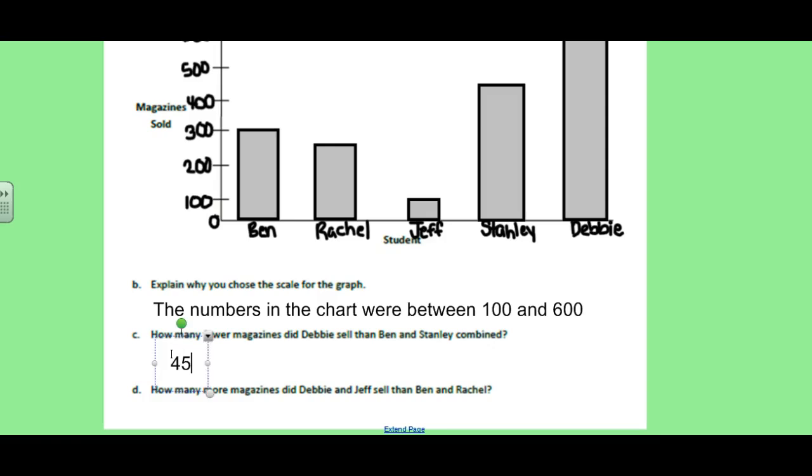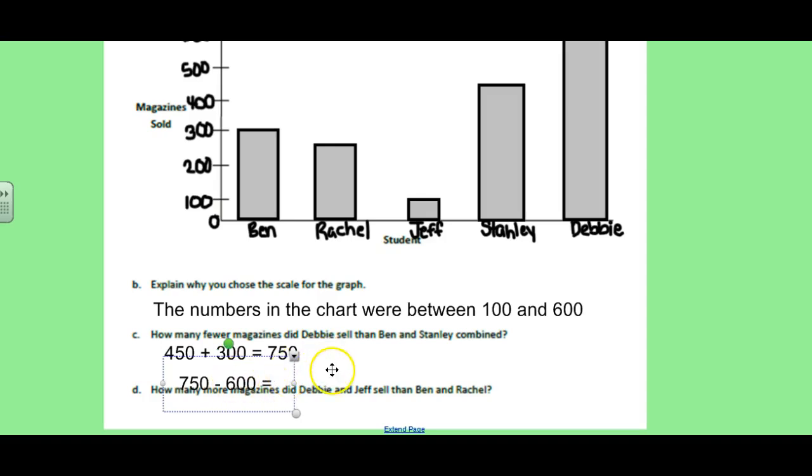So on your paper, you're going to have to do 450 plus 300. And I know that that's going to be equal to 750. So that's Ben and Stanley combined. And then I need to know how many fewer magazines Debbie had than both Ben and Stanley. I know that Debbie had 600, so now we're going to subtract 750 and 600.